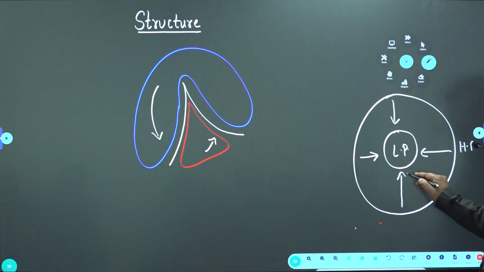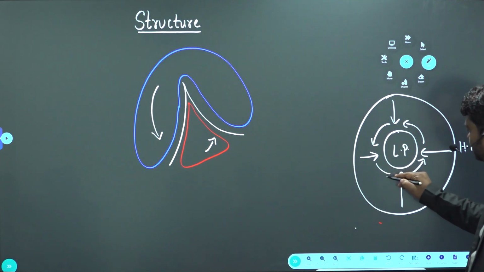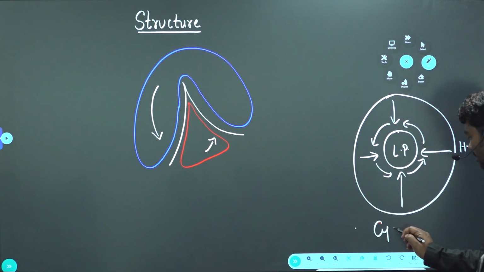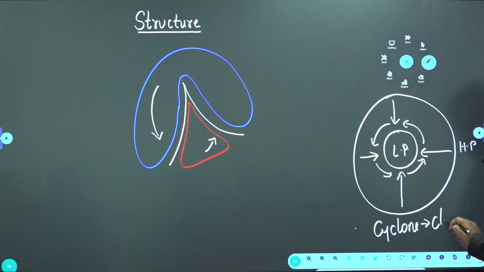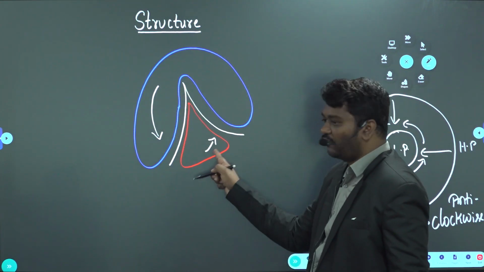So if I am in the northern hemisphere, it will turn to the right. As it turns to the right, which circulation are you seeing? Anti-clockwise.